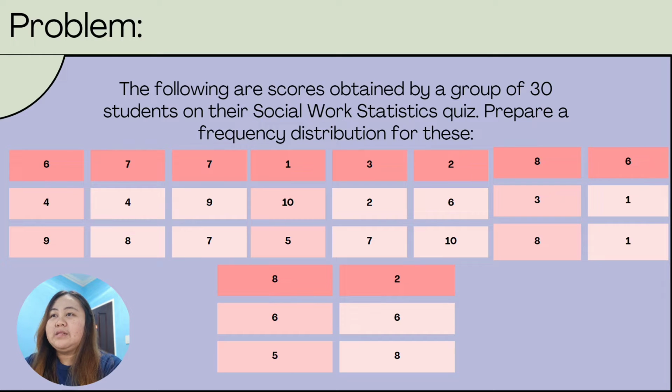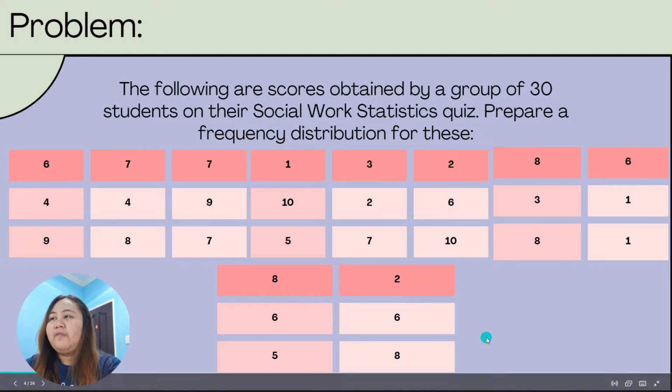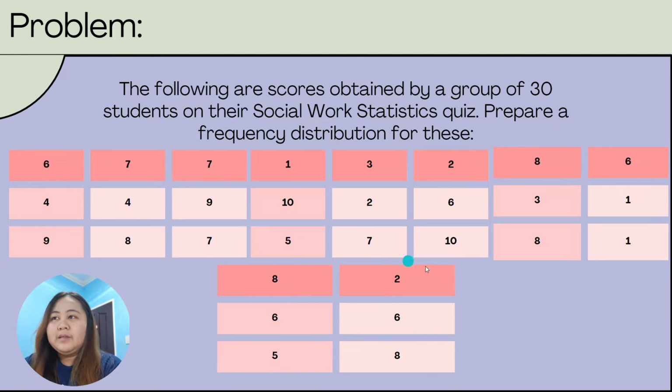Prepare a frequency distribution for this. So these are the list of data, or what we call the scores of the students on their social work statistics quiz. Later on, we're going to use this data in making the frequency distribution table.